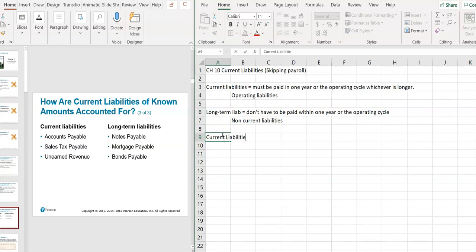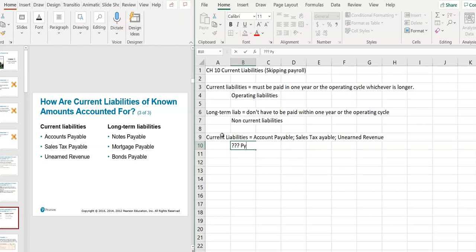Current liabilities can generally consist of accounts payable, which we've dealt with all along. We're going to look at sales tax payable. We've talked about unearned revenue before. All right, but it's generally any kind of payable.